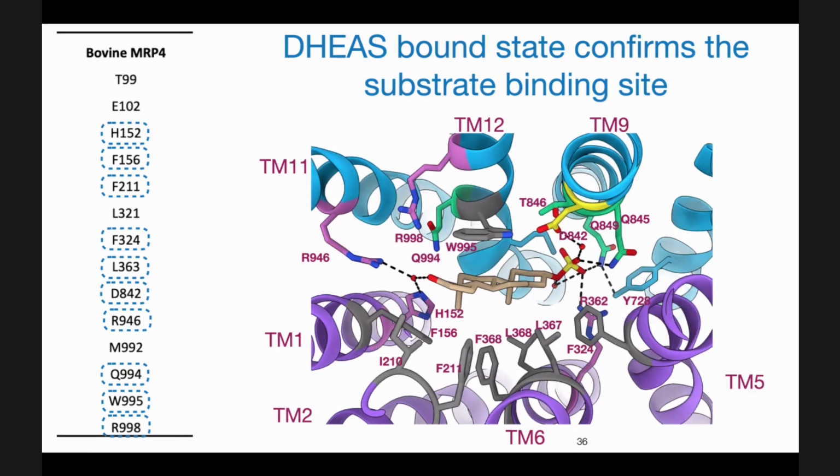There is also another problem in the literature: we have different MRPs in the same family, MRP1 to MRP7, and most of them are inhibited by just one specific inhibitor. So we want to design inhibitors specific to different MRPs, and that's where I think structural information can help. Okay, that makes sense. Once you know the structure, you can start to figure out, either experimentally or computationally, how we want to target it, what we need to make, or what it needs to look like, and then start figuring out how to make those changes.